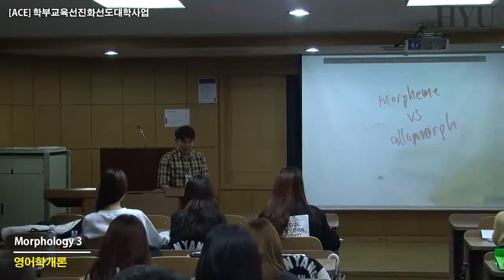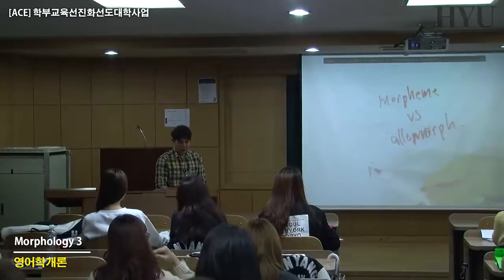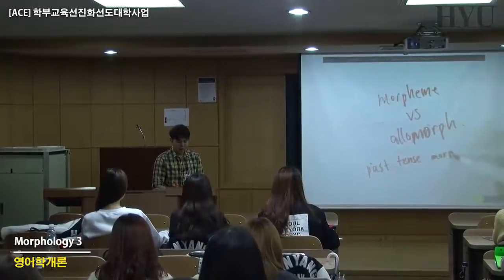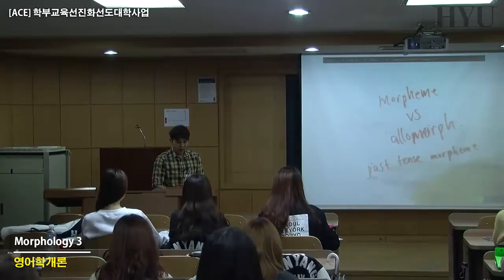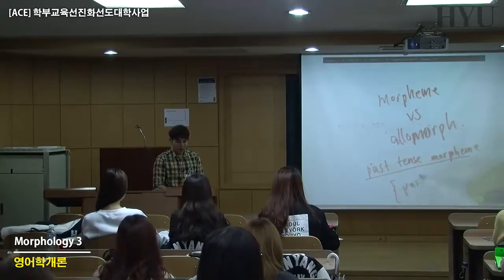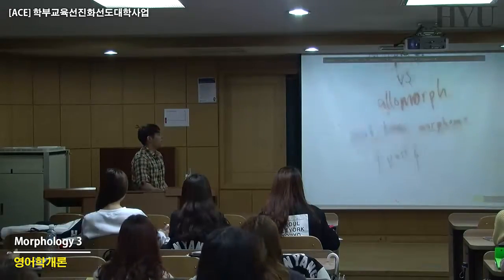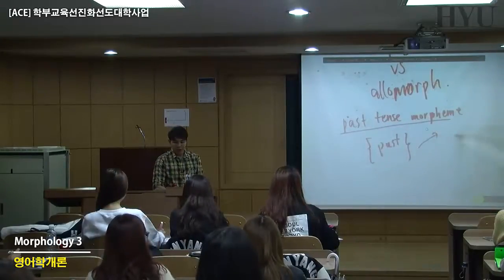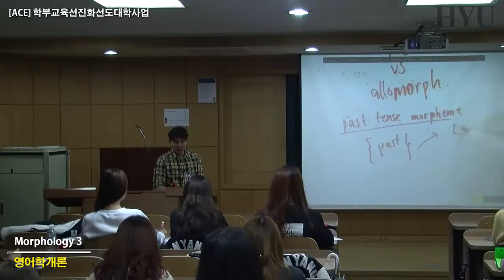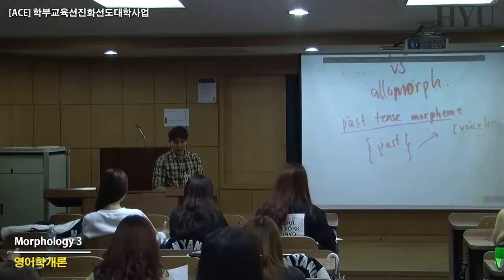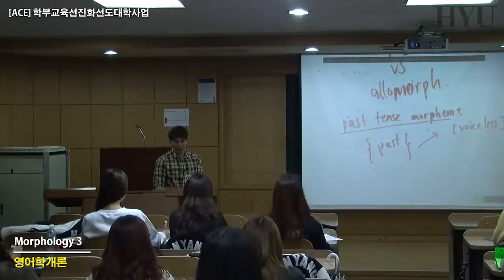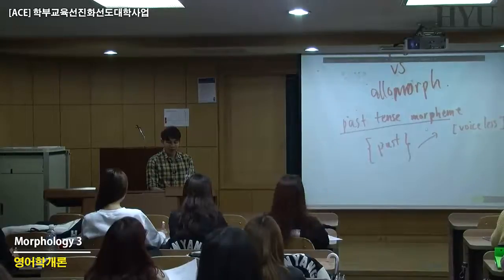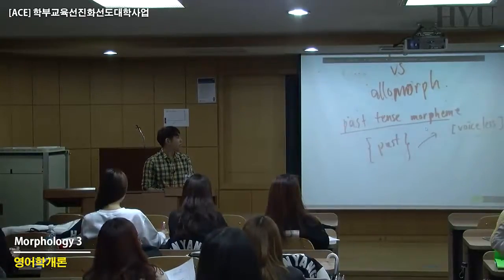For example, last week we talked about the past tense morpheme in English, right? So the past tense morpheme is like this, and depending on where you have it, if you have it after a voiceless sound, then the past tense morpheme is going to be pronounced as a T, as in kicked.